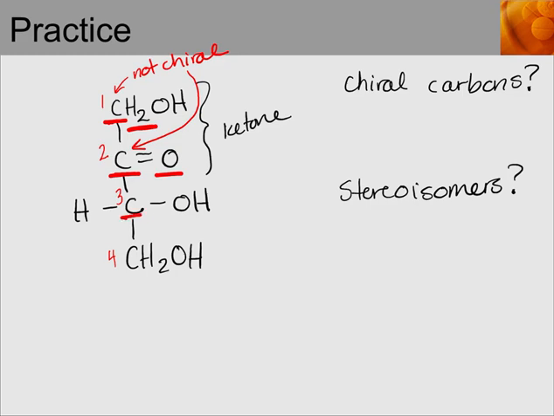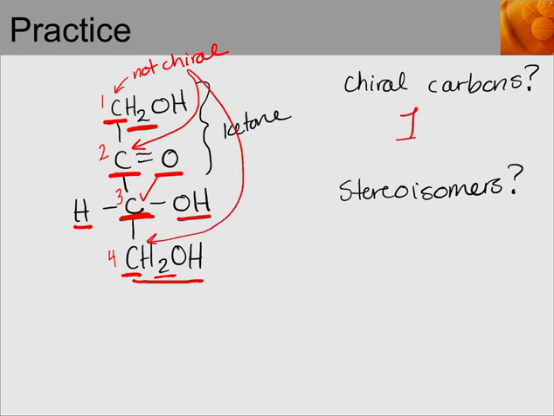Okay, let's look at carbon 3. Is that chiral? Yes. So it's bonded to that ketone up above, the OH on the right, H on the left, and CH2OH on the bottom. So that is chiral. What about carbon 4? Is that chiral? Nope, again, it's bonded to 2 of the same type of group, so 2 hydrogens, so that is not chiral.